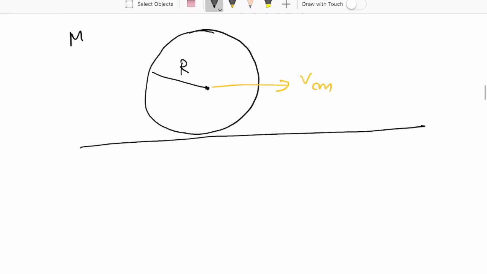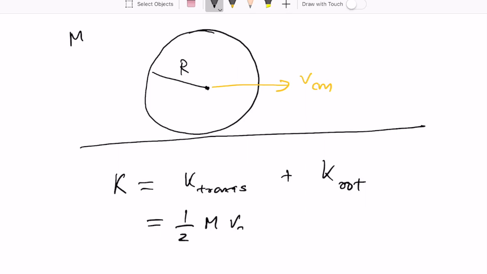So the kinetic energy of the disk would have a translational part and a rotational part. The translational part is just half m vcm square, so that's easy, we already have that.